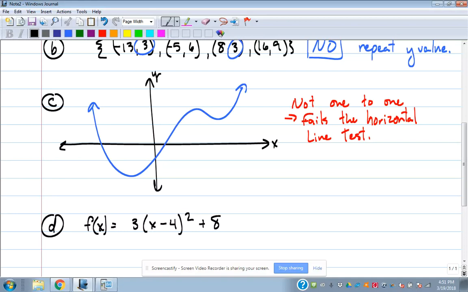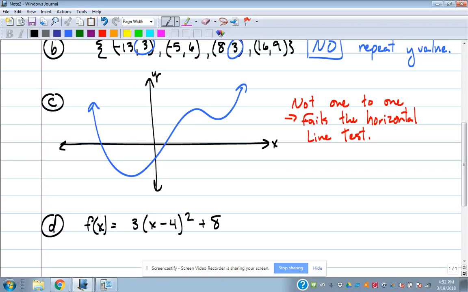Would every even function fail the horizontal line test? Yeah. Because if it's x to the 4th power, that's like a quadratic. It may have a bunch of little squiggles in the middle, but it still fails the horizontal line test somewhere. Does every odd function pass the horizontal line test?